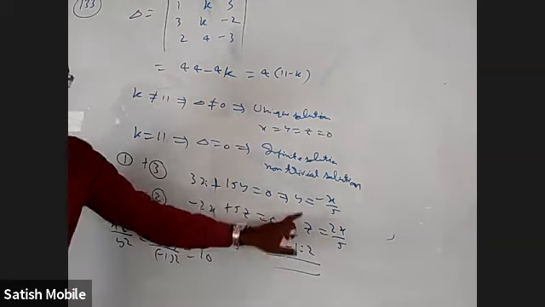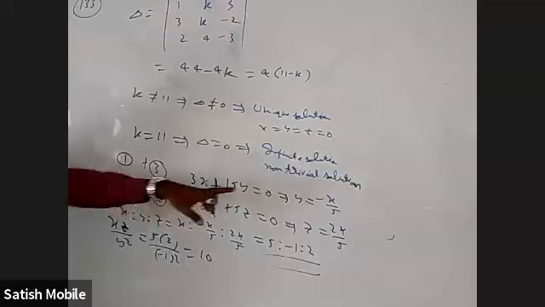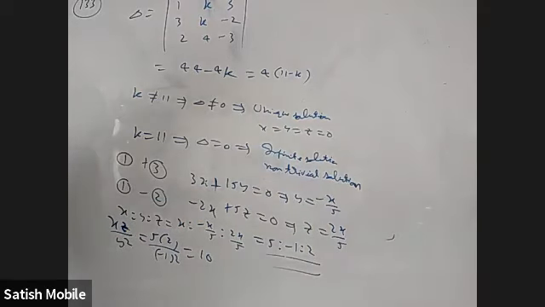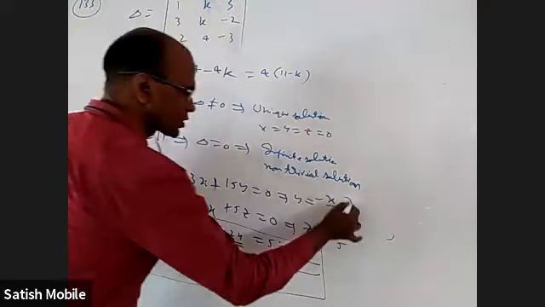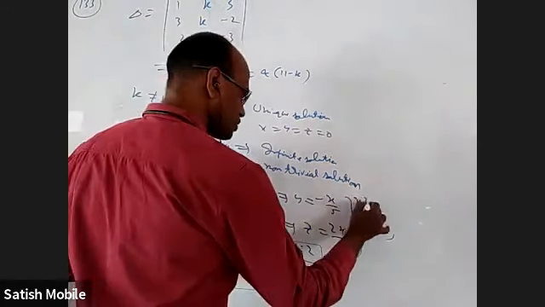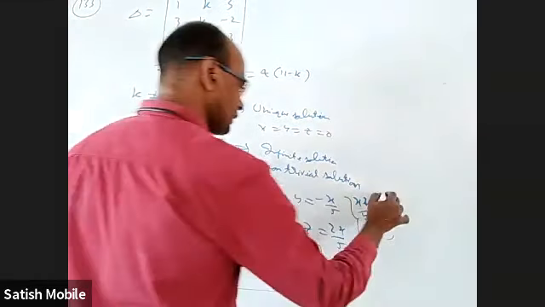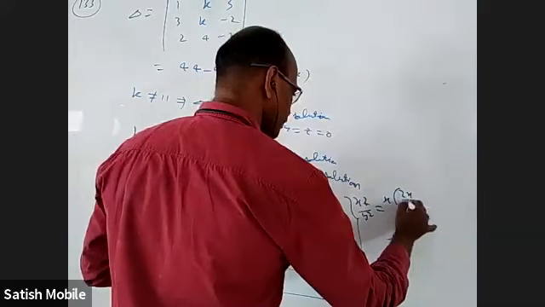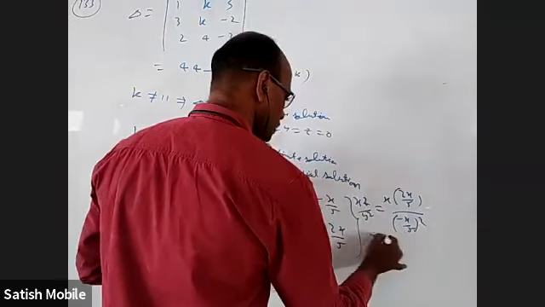You can substitute wherever y is there, minus x by 5, and wherever z is there, 2x by 5, and get the same answer. So from this, xz by y square is x into 2x by 5, over minus x by 5 whole square. That also will give you 10.